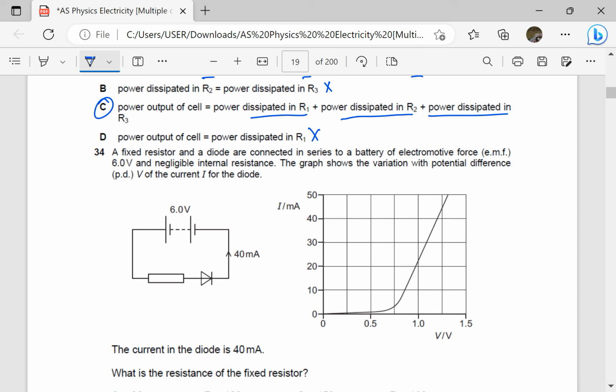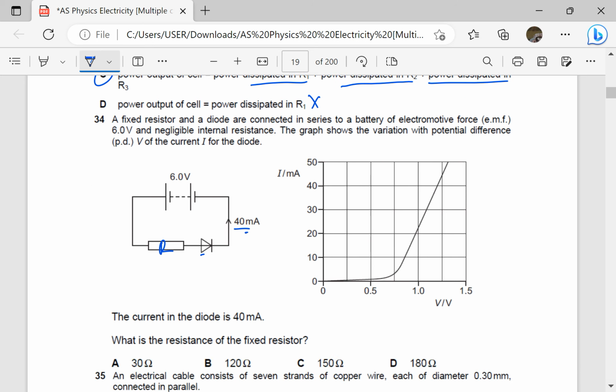A fixed resistor and a diode are connected in series to a battery of e.m.f 6 volts and negligible internal resistance. So this is the fixed resistor and the diode. The current is the same. And this is a graph for PD V of the current I for the diode.